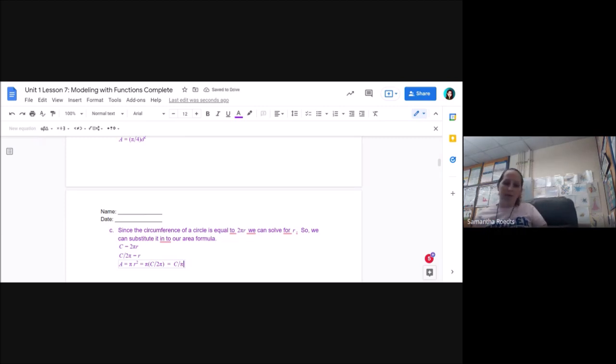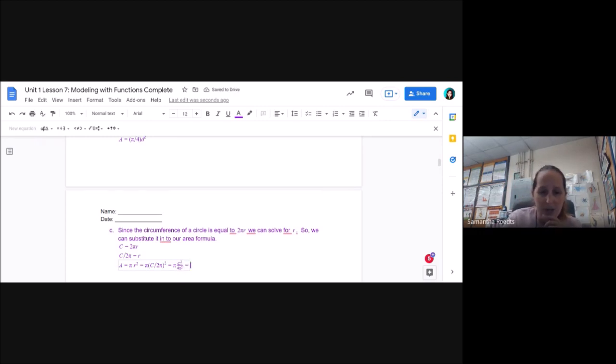Oh, I'm squaring that. Sorry. Squared. So this equals pi times c squared over 4 pi squared, which of course can be simplified.